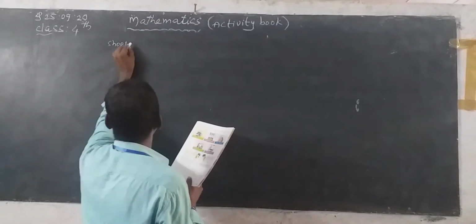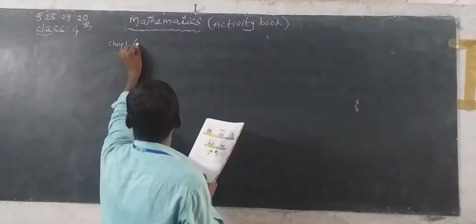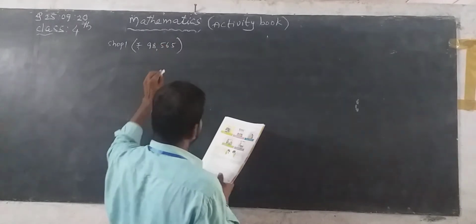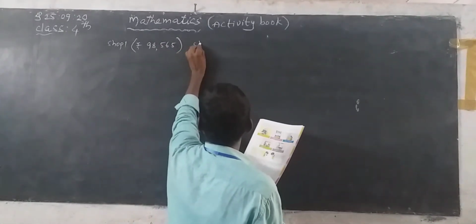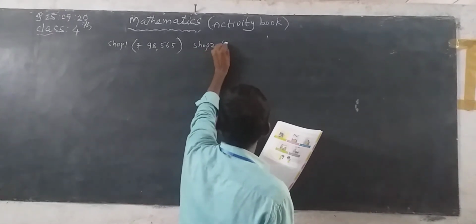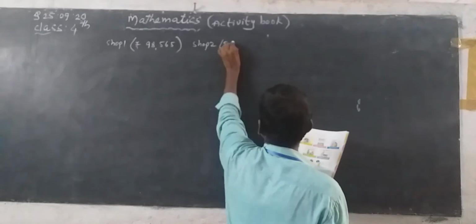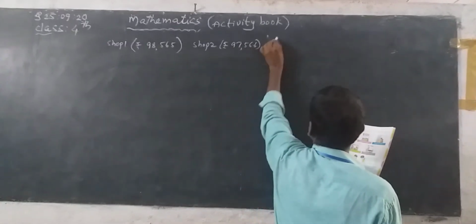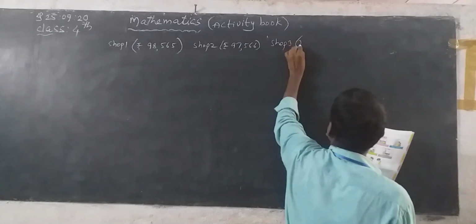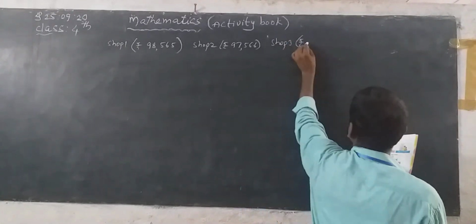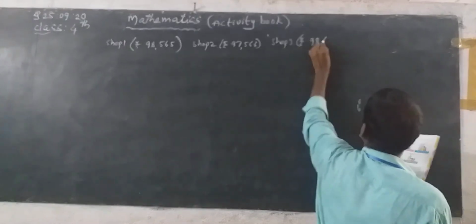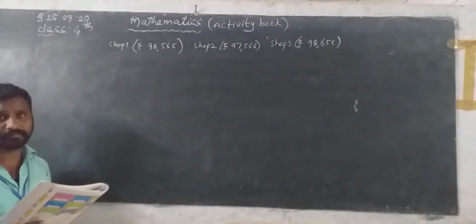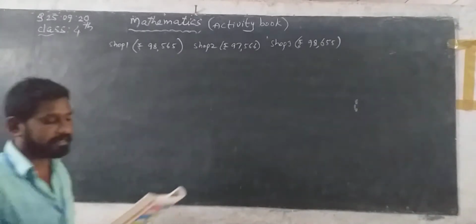Shop 1 amount in rupees: 98,565. Shop 2 amount: 97,566. Shop 3: 98,655.